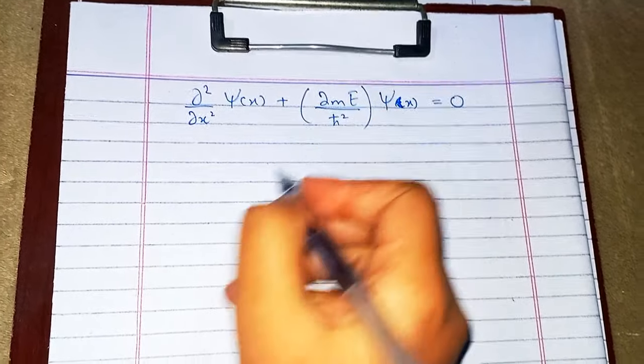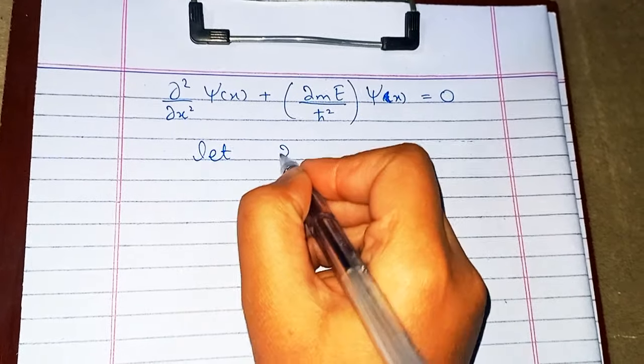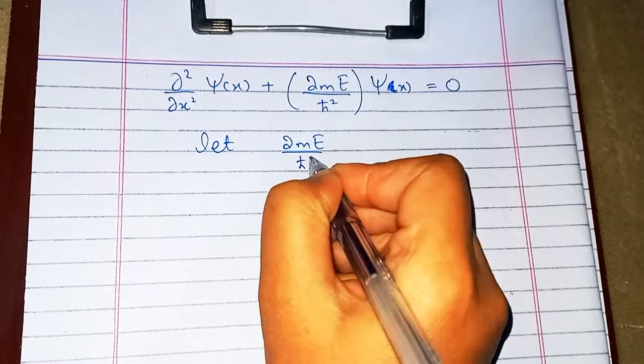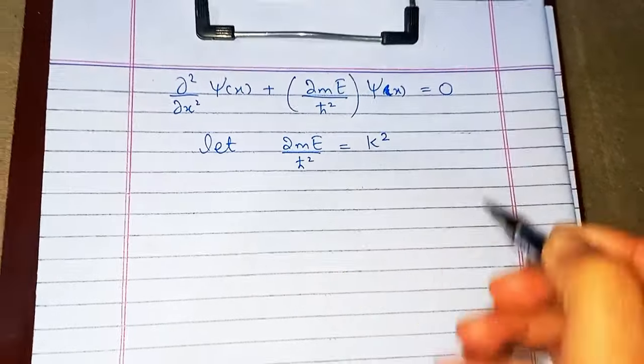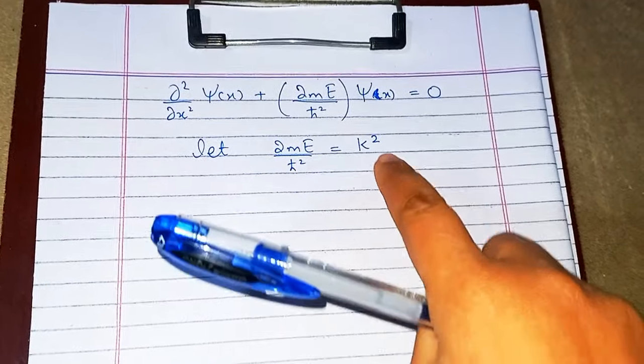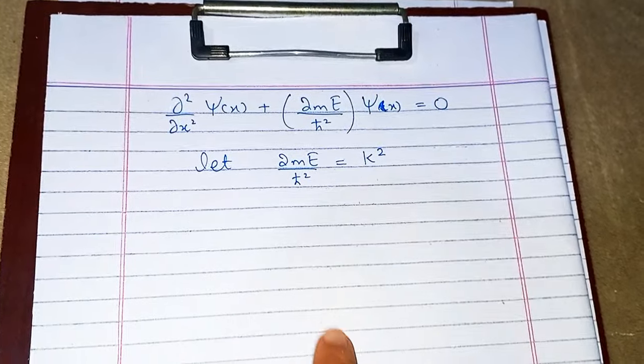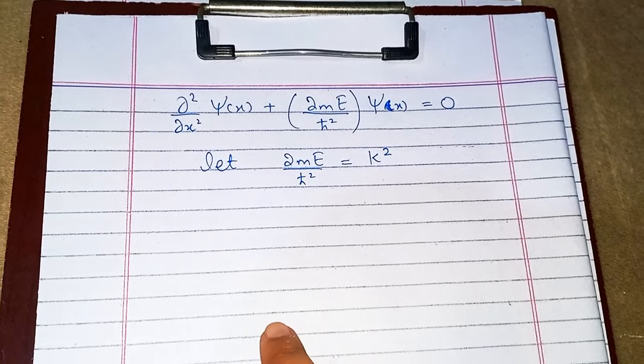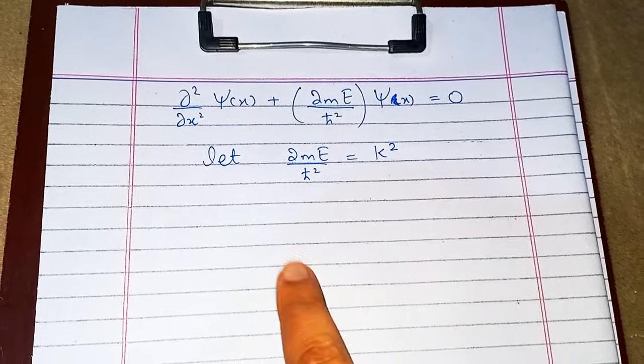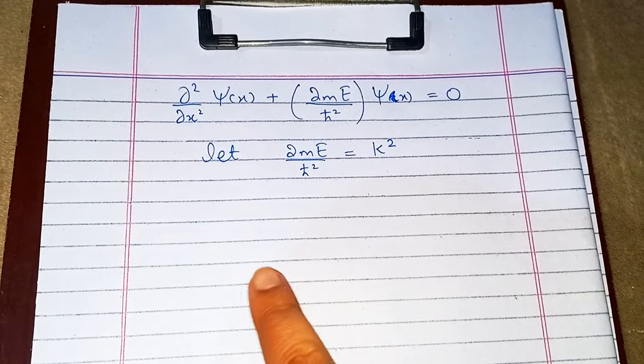Here I'm going to let something: we have 2mE by h square, so let 2mE by h square equal k square. I'm doing it because this quantity has units of per meter square, and if you take the square root, this per meter is the wave number. It has the units of wave number.